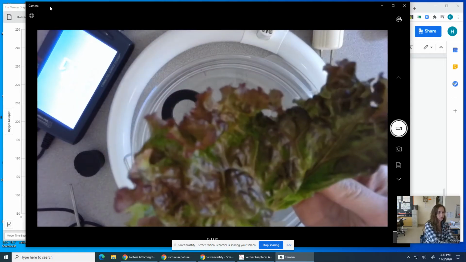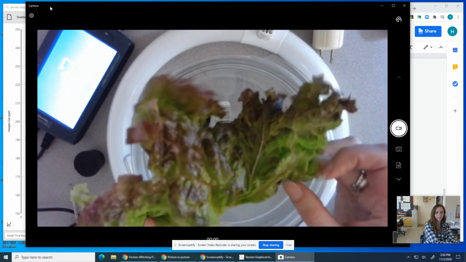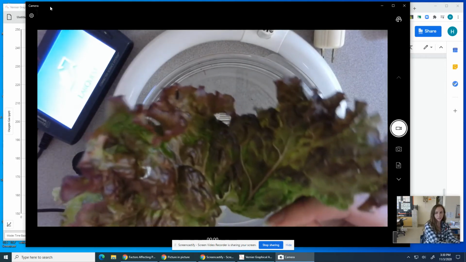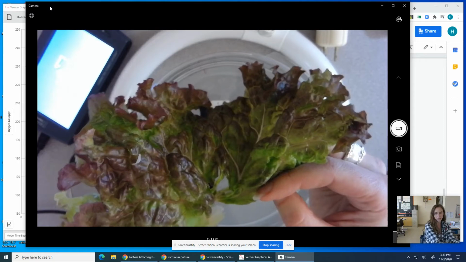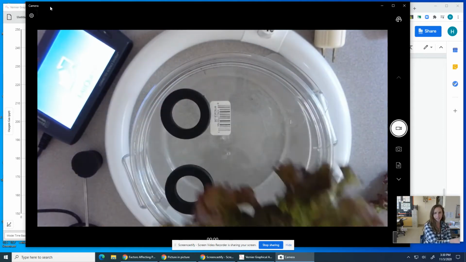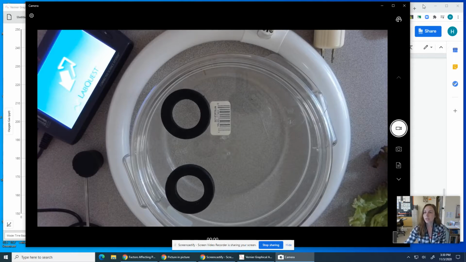This is called red leaf lettuce, and you can see that it is green, so it has chlorophyll in it, but it also is kind of this purplish color. So it has a different type of pigment in its leaves.